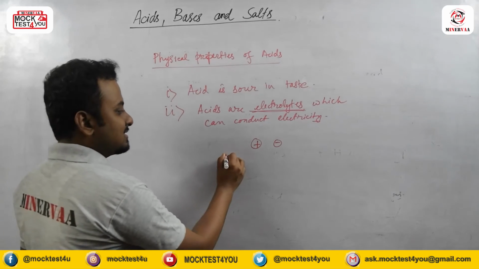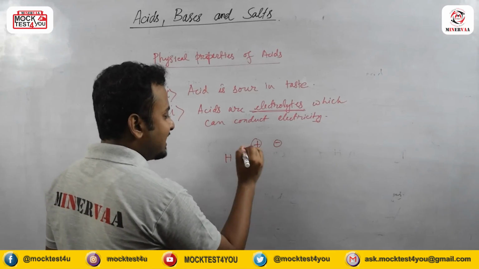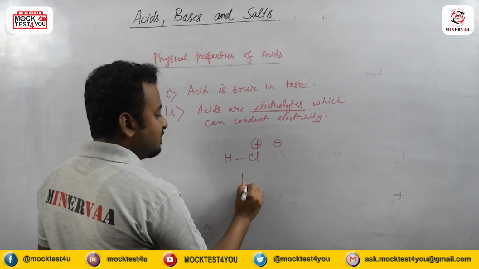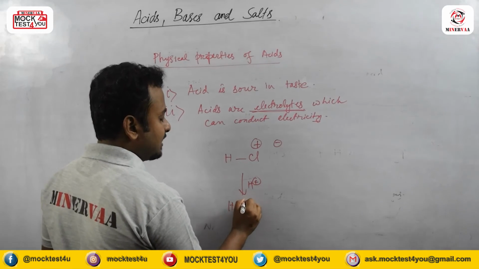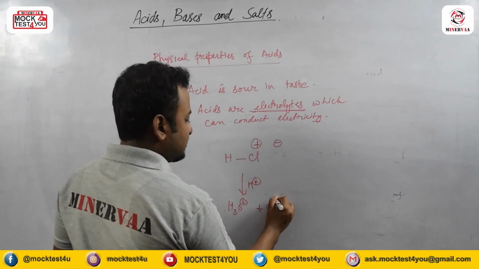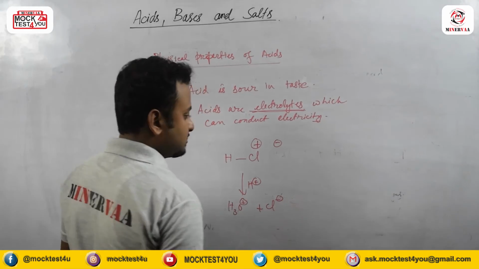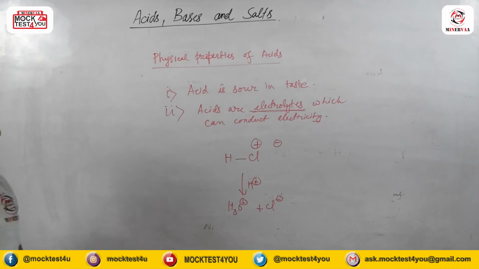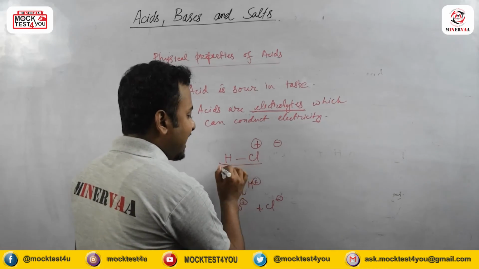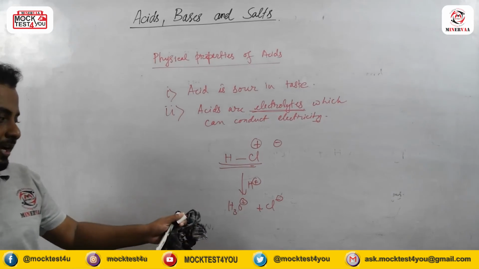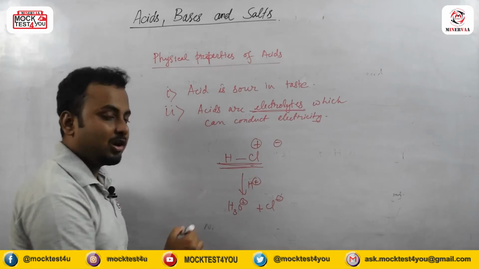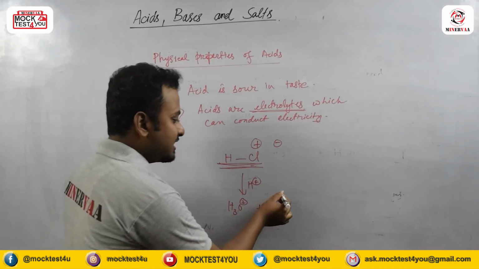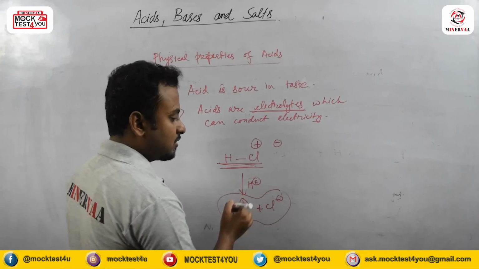We already discussed that in an acid, for example HCl, in the presence of water it will get dissociated into H3O plus ions and Cl minus ions, right? So we can call an acid an electrolyte because when we dissolve this acid in a solvent, it will get dissociated into ions.